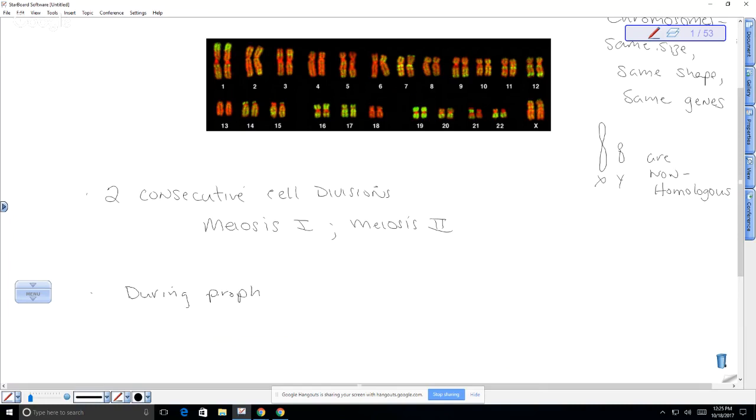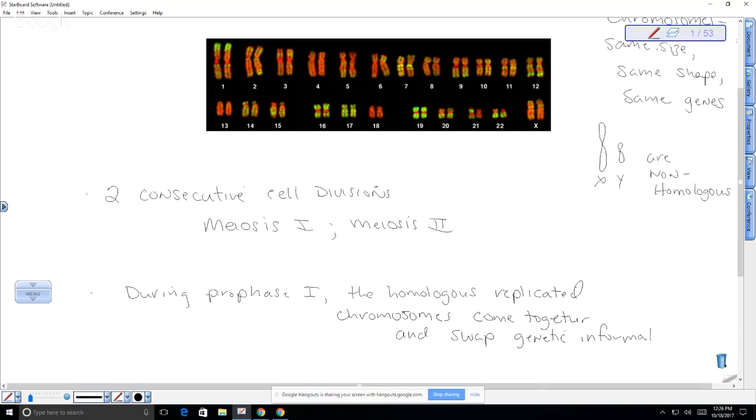The second thing that happens that's really interesting in meiosis is that during prophase 1, the homologous replicated pairs come together and they swap genetic information. The swapping of genetic information has a particular name, and it is called crossing over.